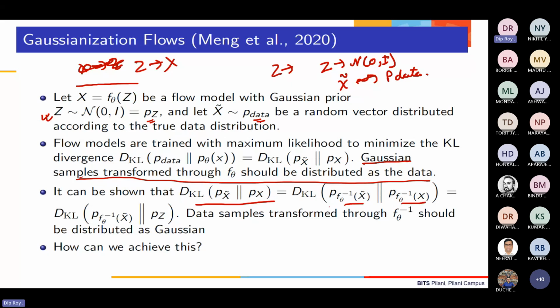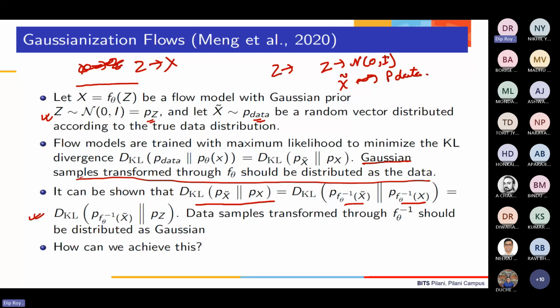Essentially, we have put in an inverse transformation on both sides, and we can say these two are equal, and then easily write it like this. So what is the final thing that we have come up with?